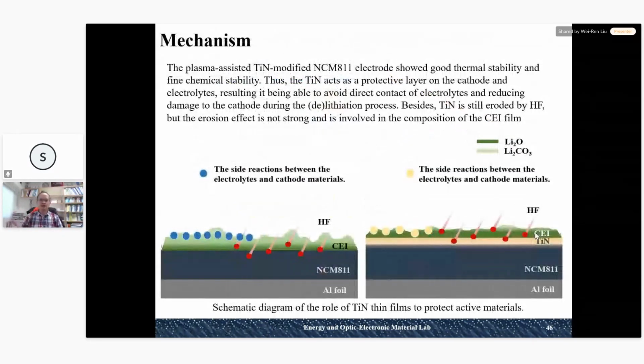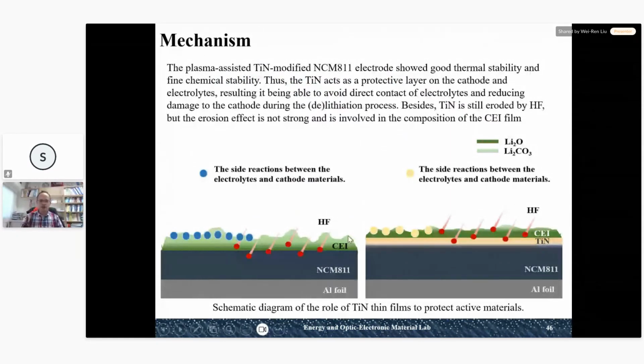So the mechanism is that the plasma assisted titanium nitride modified NCA811 shows very good thermal stability and also good structural stability. Here is the mechanism. Without titanium nitride coating, it shows a very poor SEI formation.